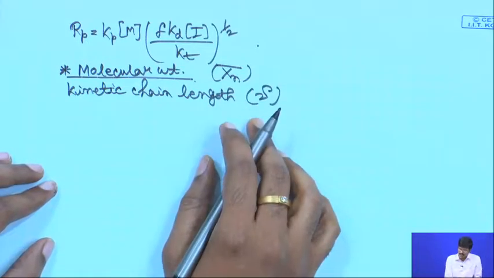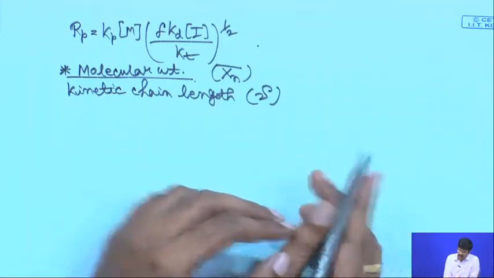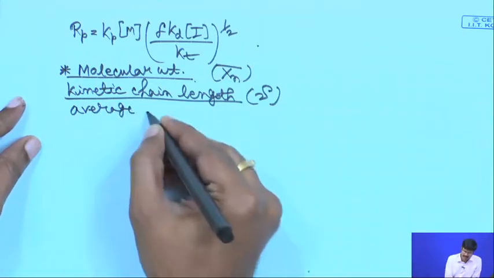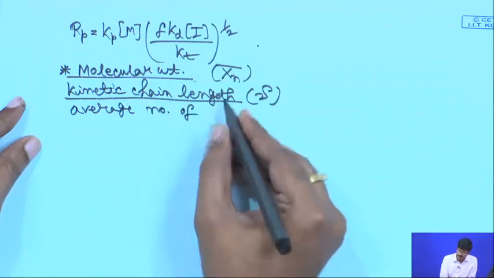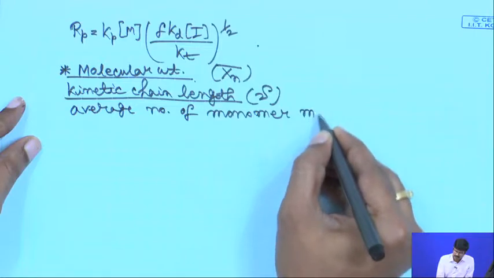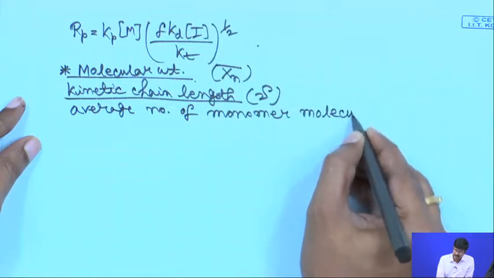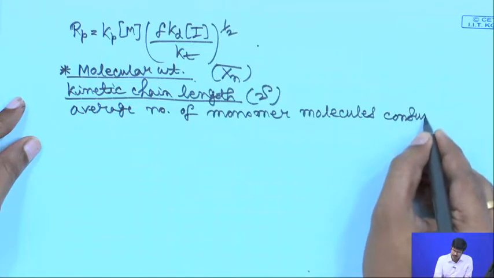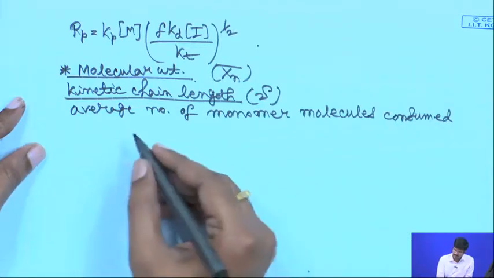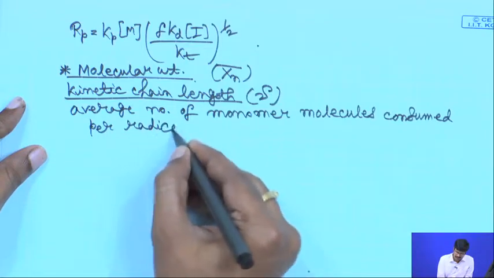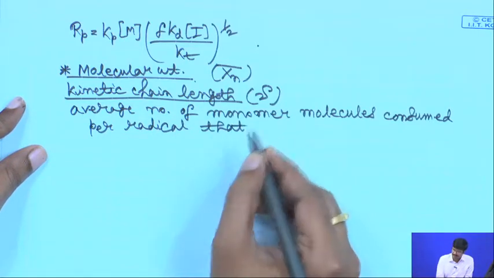This kinetic chain length is the average number of monomer molecules consumed per radical that initiates a polymer chain.